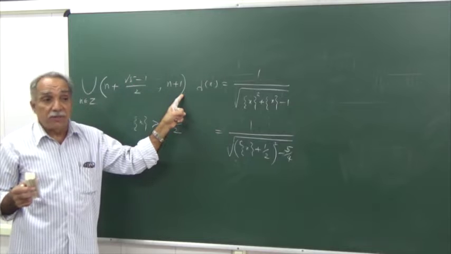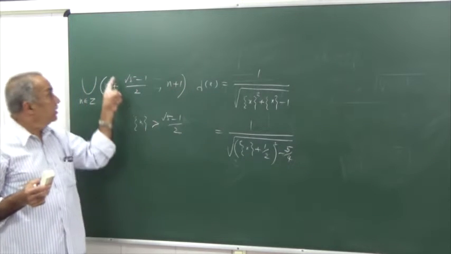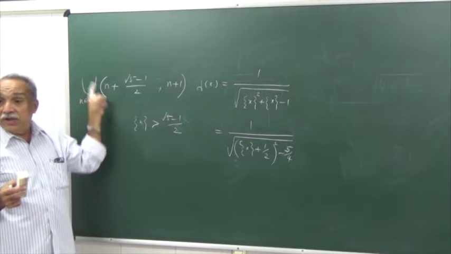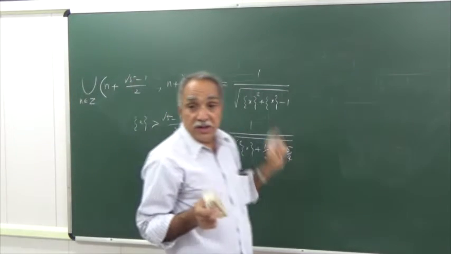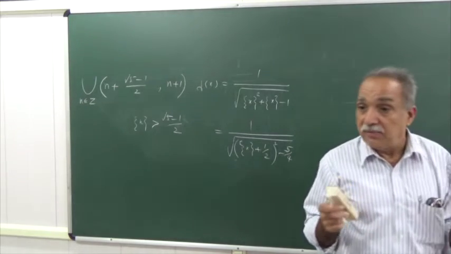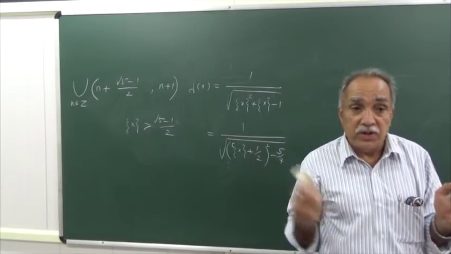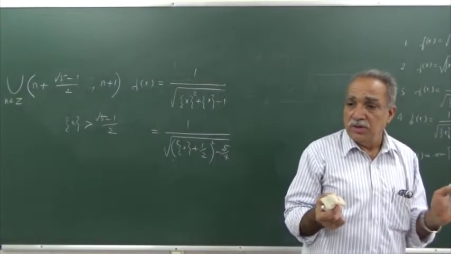No number has fractional part 1, so open interval. We need strict inequality here, so open on this side also. Take a union of all such intervals, an infinite union, and you get the entire collection of all numbers having the formula applicable, the domain of the function. Agreed, I think. No complication involved.